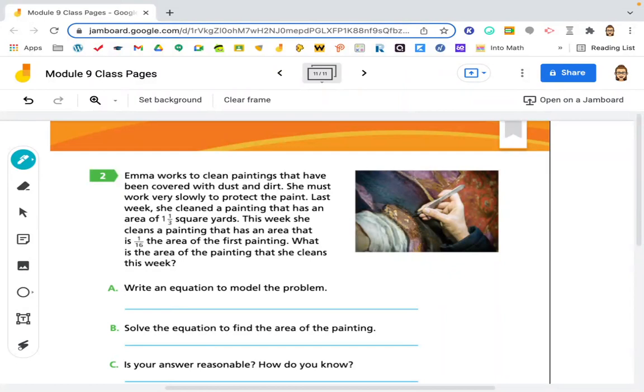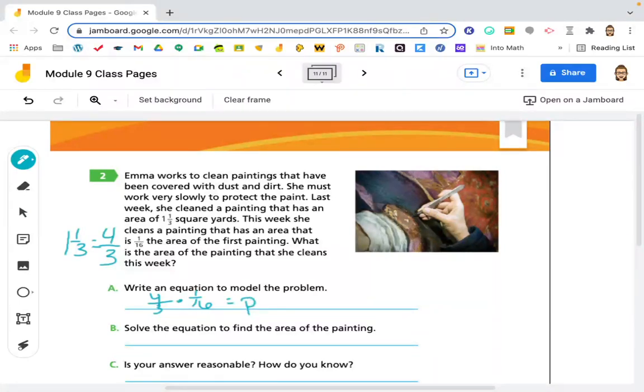So we're going to start by making the 1 1/3 an improper fraction. 1 times 3 is 3, plus 1 is 4. So we have 4/3. The 1/16 is already a fraction, so we're going to do 4/3 times 1/16 equals the painting.